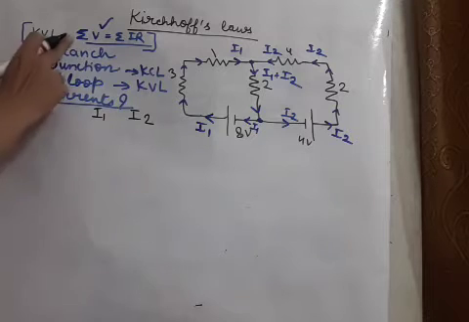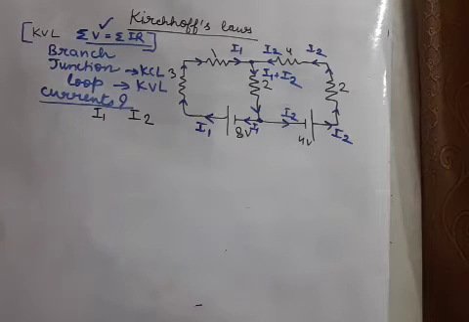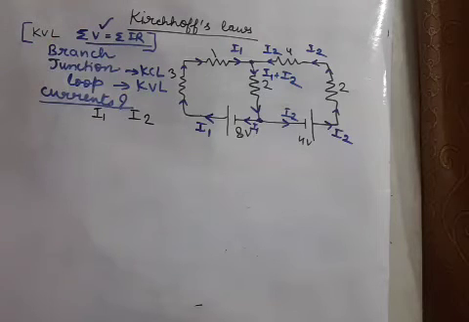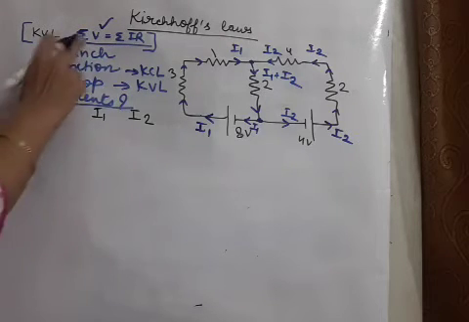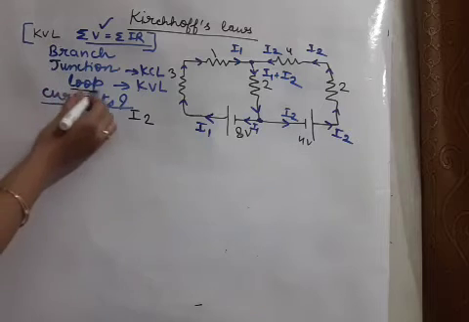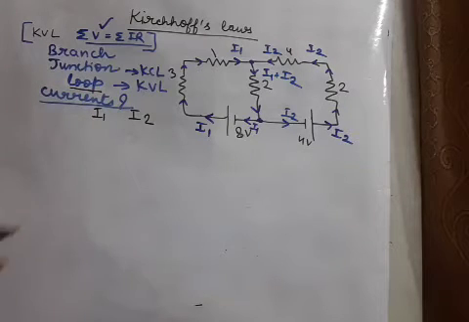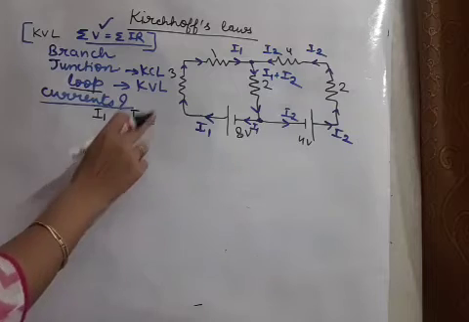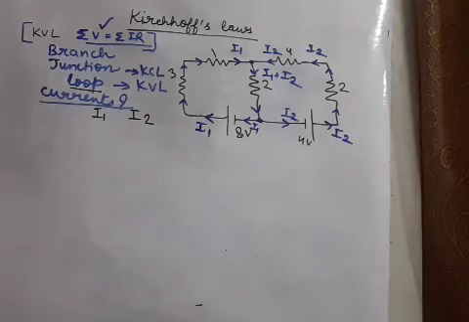For making the equations, KVL will help us. KVL means summation V equals summation IR. This KVL is applied on the loop. We have to select some loops here, and because there are two unknowns, we will take two loops.